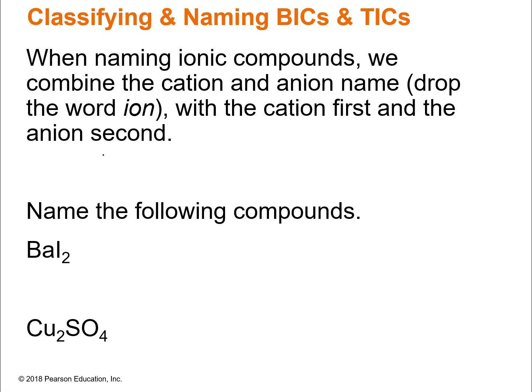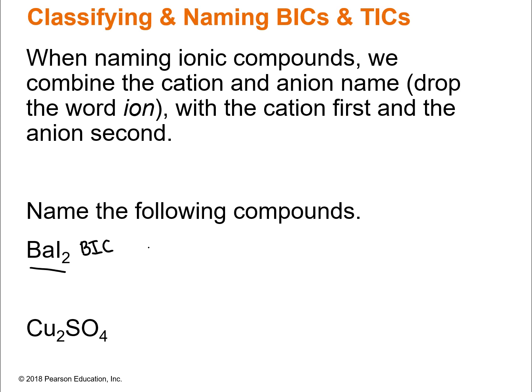I'll show you what I mean. Our first one, let's classify it. Is that a binary ionic compound or a ternary ionic compound? It's binary ionic. There's only 2 elements here, 1 metal, 1 nonmetal.